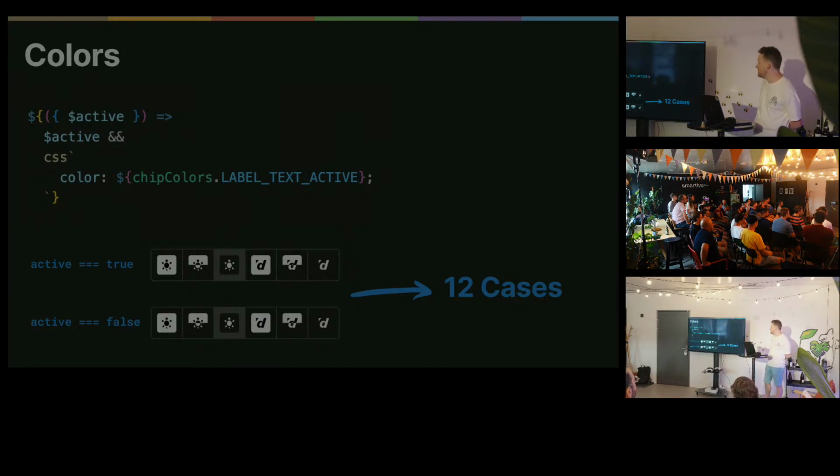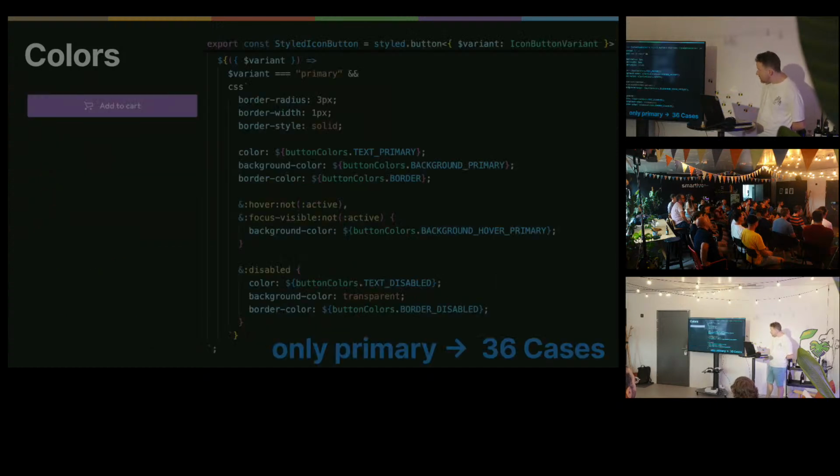On Digitec dark, we want Digitec dark. On Digitec automatic, we want your system preference, and the same for Galaxus. So if you sum up this for active and non-active, it comes up to 12 cases. And if we then take a look at this add to cart button, which you might have clicked sometime, then you will see that it comes up with 36 cases.